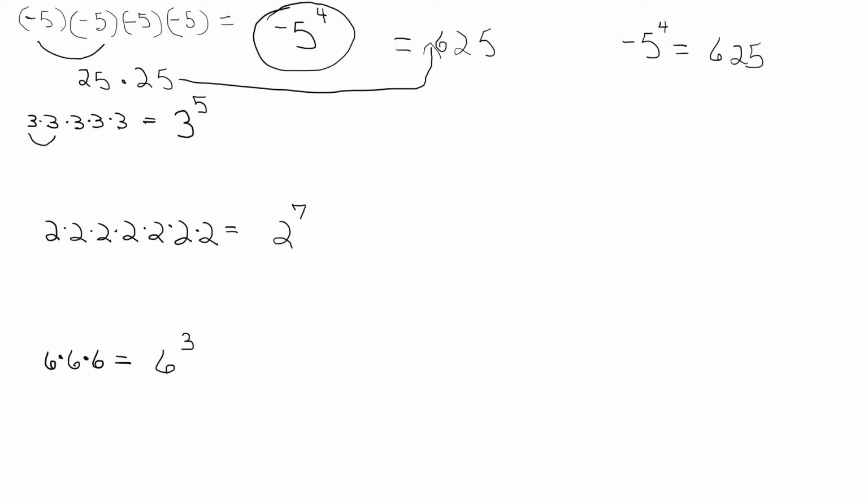Same here on the next line. 3 times 3, we get 9. Well, you already know that that's positive. And another 3 times 3, that's 9. Okay. And then we can just bring down that 3 right here. So we know 9 times 9 is 81, right? 81 times 3.